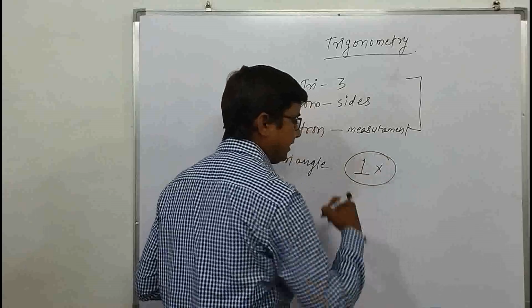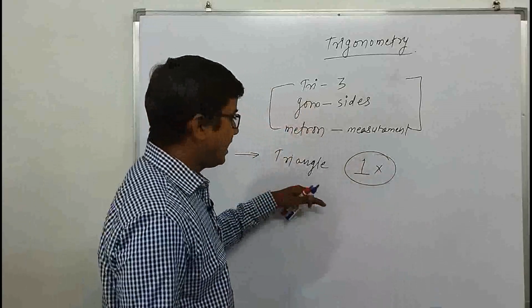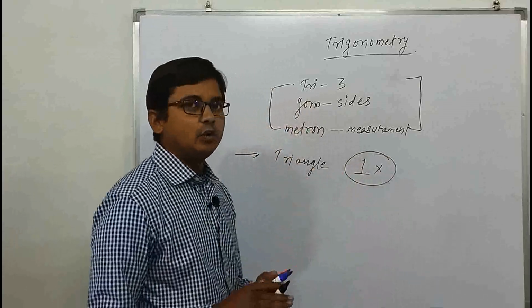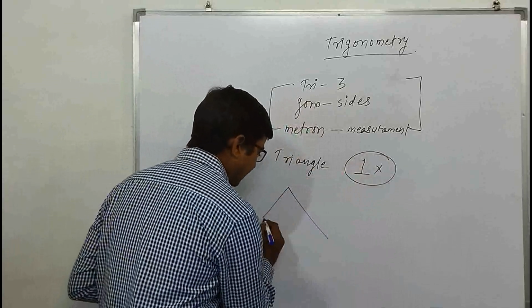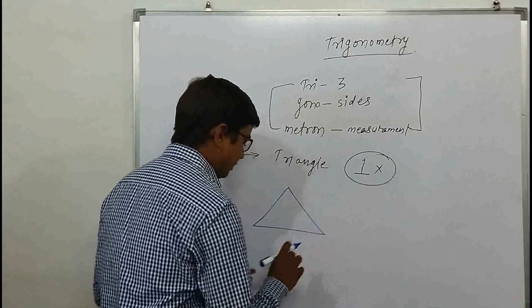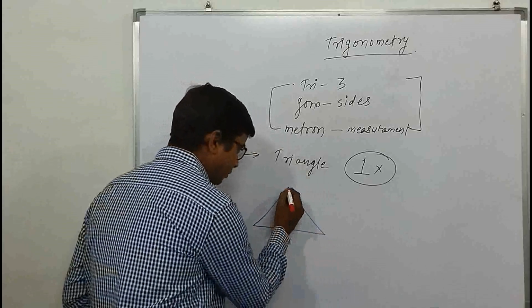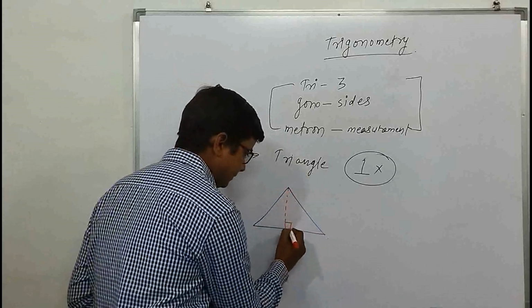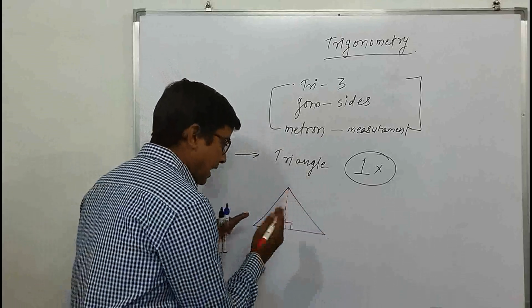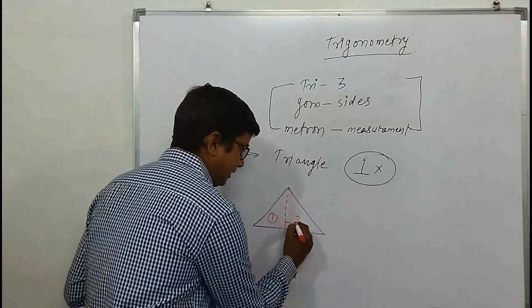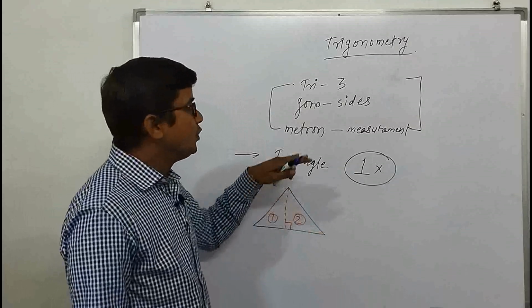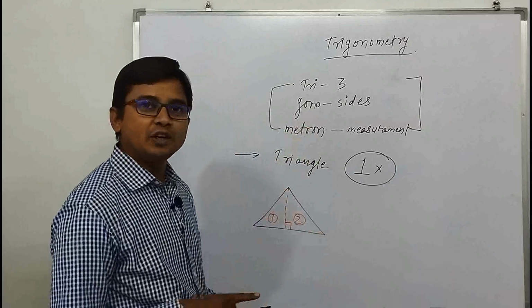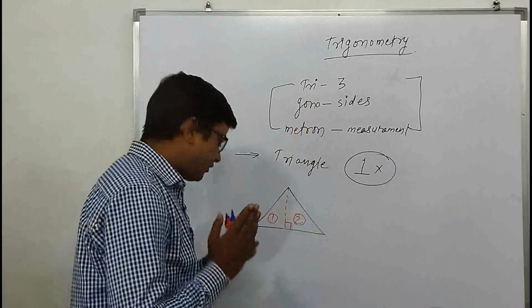If it is not a right angle triangle, then it can be split into right angle triangles by constructing a perpendicular from one of its vertices like this. So the triangle can be split into two right angle triangles to use the trigonometric ratios or trigonometric functions.